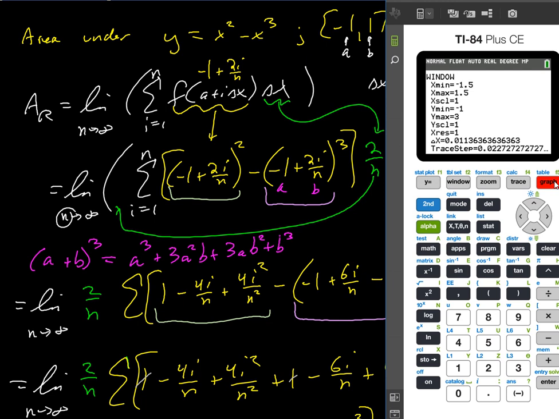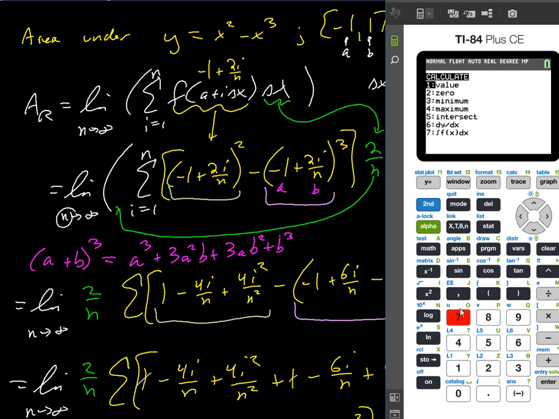Now, if I want the area under the curve, all I've got to do is go second calc. That's where all the graphing tools are. Which one do you think it is? It's number 7. It looks kind of weird, like an integral, doesn't it? Strange, huh?